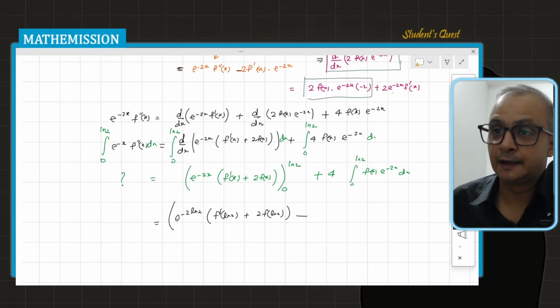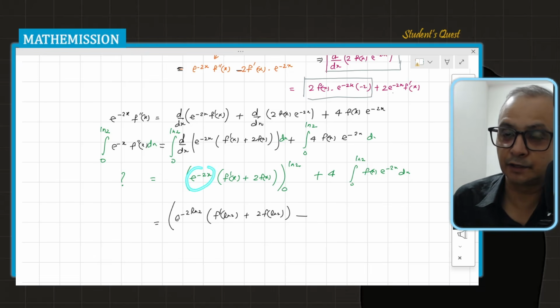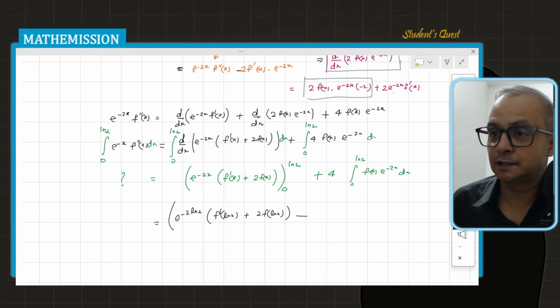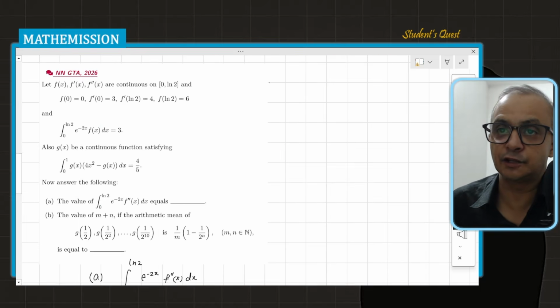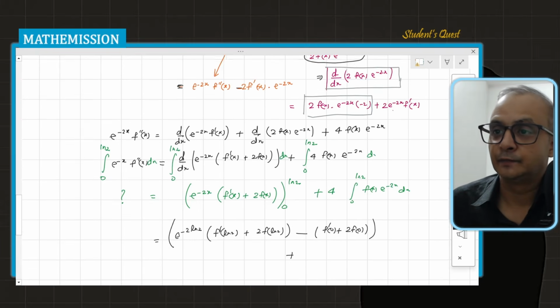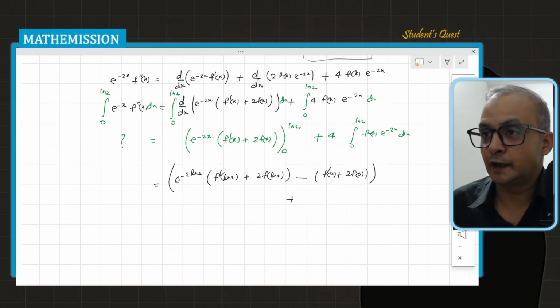So that will give you 1 here as the first, e to the power 0, and this is nothing but f dash 0 plus 2f0. This is the second part, with the lower limit, and this whole value is given as 3. If you can see in the question, it is already given 3. So I can just write 4 into 3.